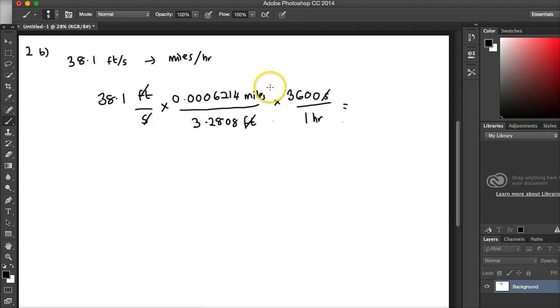So in the end you get miles per hour. So after you do the calculation, you get roughly about 25.98 miles per hour. So it's roughly 26 miles per hour. Alright, so that's question 2B. We move to the next question.